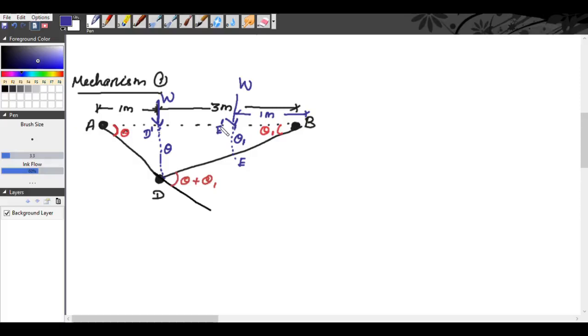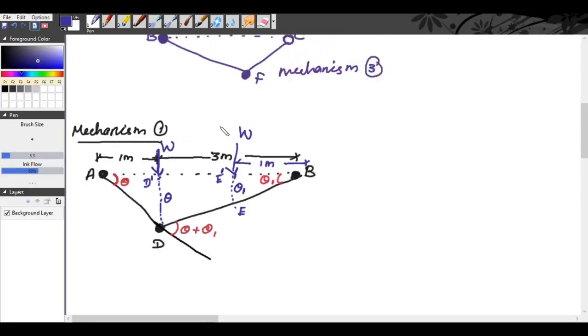Considering the similar triangles BD dash D and BE dash E, we get theta 1 by theta is equal to 1 divided by 3, which means theta 1 is equal to theta by 3.